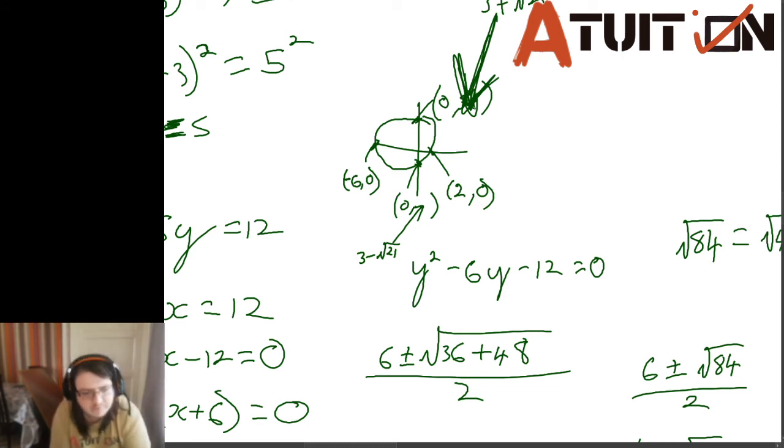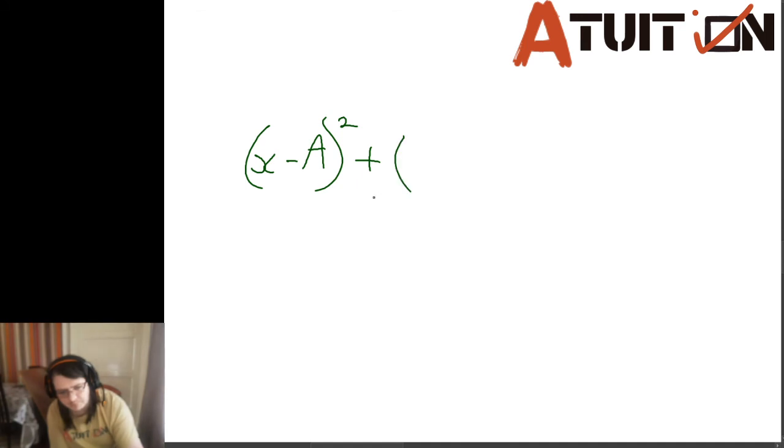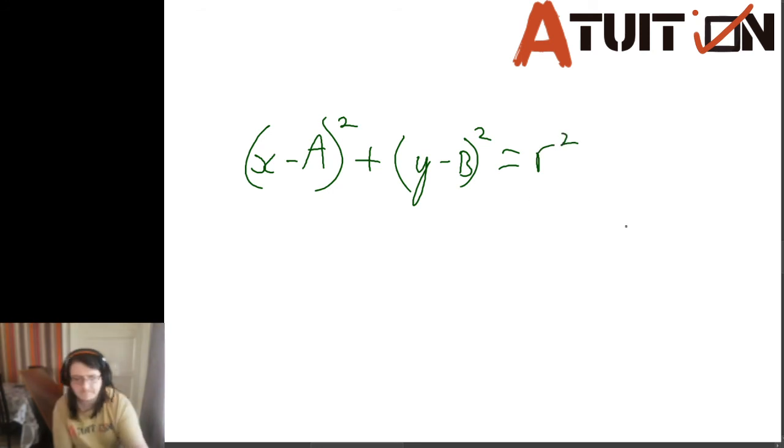So for a circle, the standard format, let's write some of this information down. The standard format for a circle is (x minus a) squared plus (y minus b) squared is equal to r squared. That's the standard format for the equation of a circle.